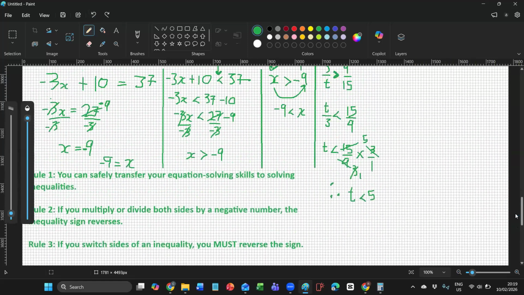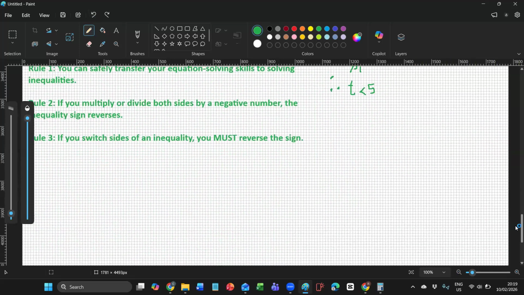All right, let me just move on to the last scenario. I've not typed it out, so let me type it out.